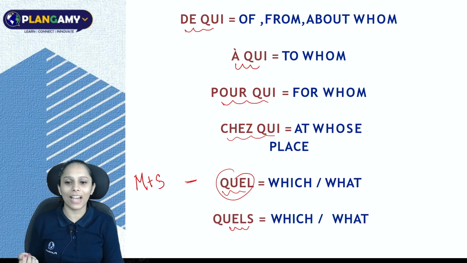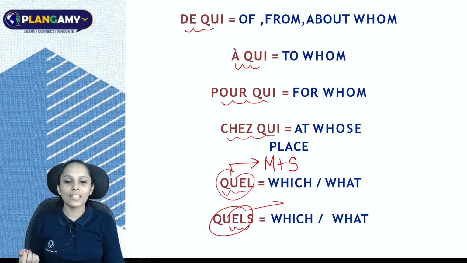Let me write it down again. So this is used with a masculine singular noun. Now quels, this is used with a masculine plural noun. So the meaning is the same, which, what. The pronunciation is also the same.